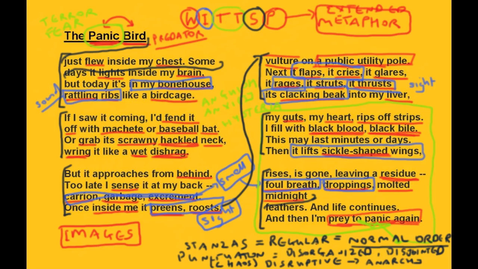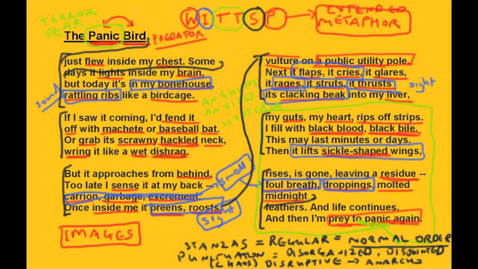But within that, the rest of the poem is very disjointed, disruptive, and disorganized, with lots of interesting punctuation, which reflects how the panic creeps up onto the poet and completely attacks his normality. So the structure of this poem is very relevant in the analysis.